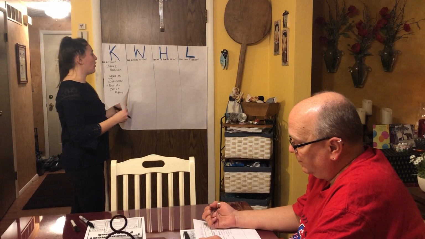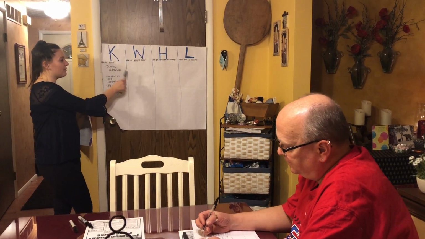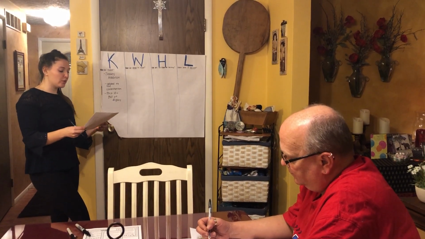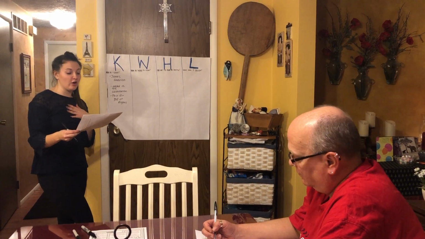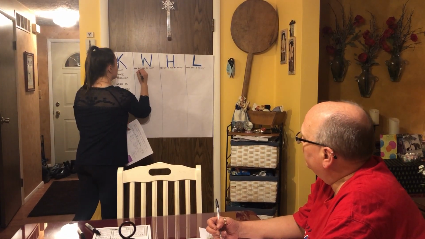So then if we go over to the next column, can everyone find the big W? The W is the what do I want to know column. So something that I would want to know is why was the First Amendment created? So I'm going to say created.